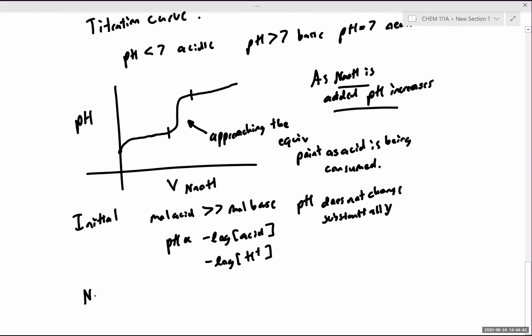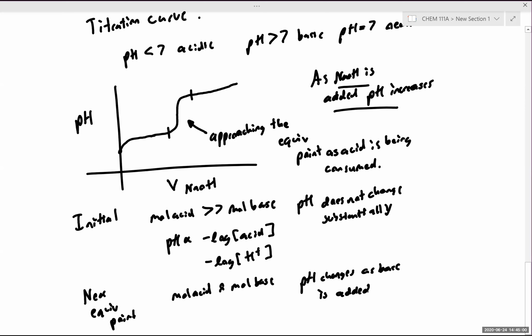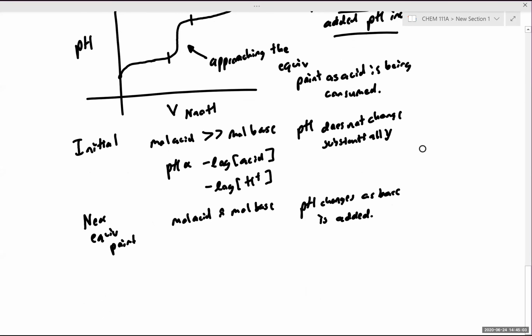However, near the equivalence point, the moles of acid are very close to the moles of base, so the pH changes as base is added. And then at the equivalence point, the moles of acid are equal to the moles of base, and the pH changes rapidly.